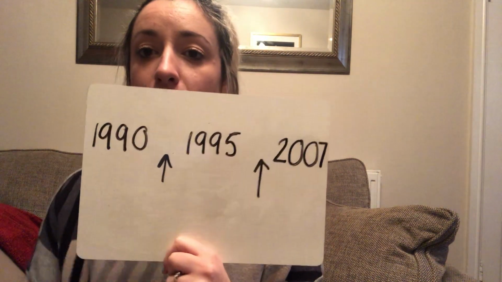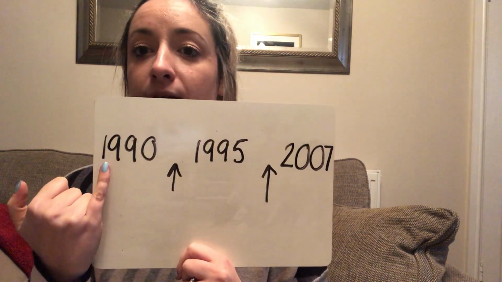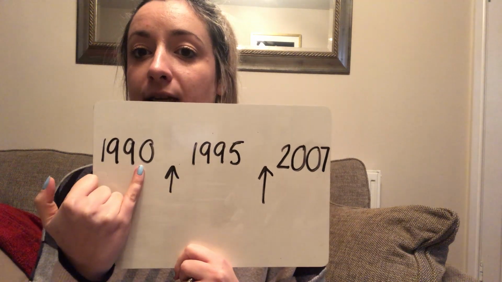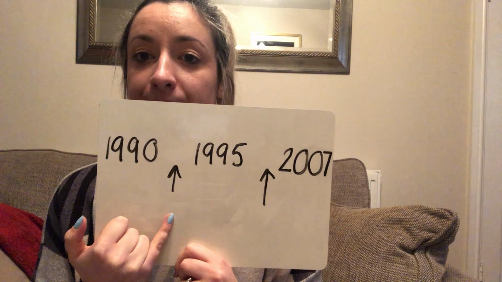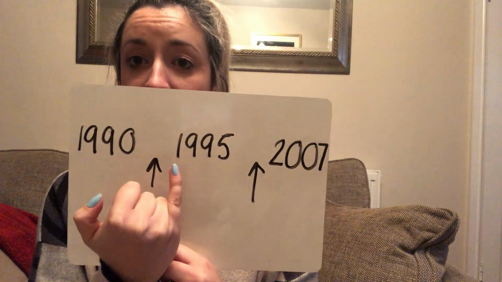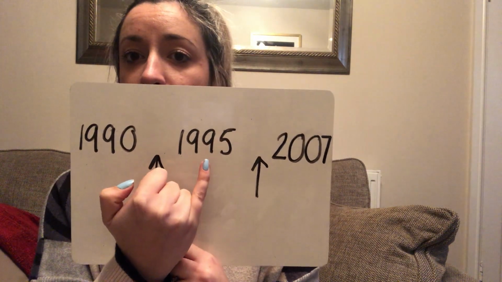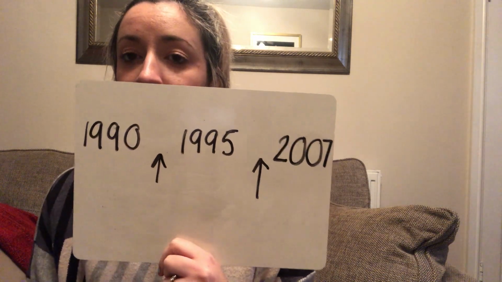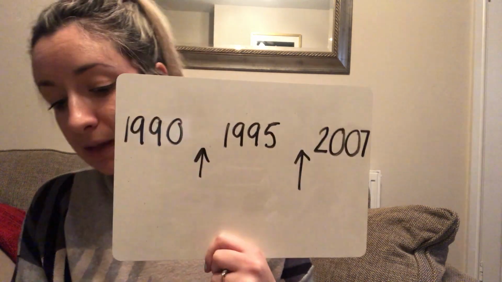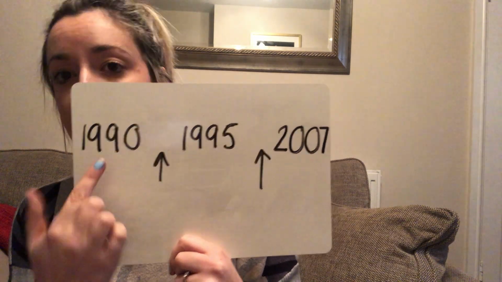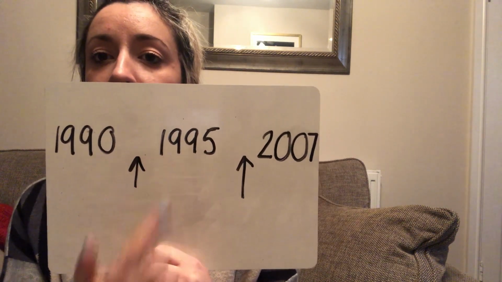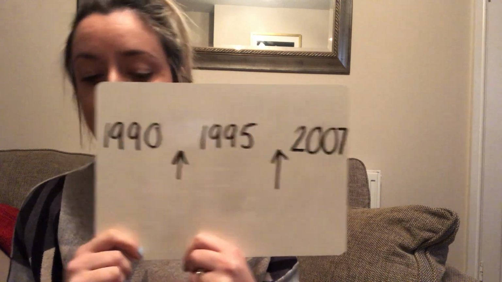We start off with 1,990, and then we've got a blank box that we can fill in. The next number is 1,995. The number that goes in this blank box has got to be greater than 1,990 but smaller than 1,995.